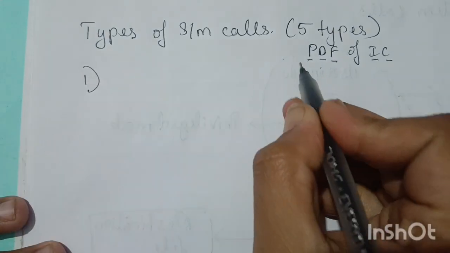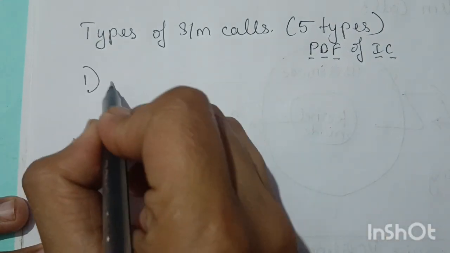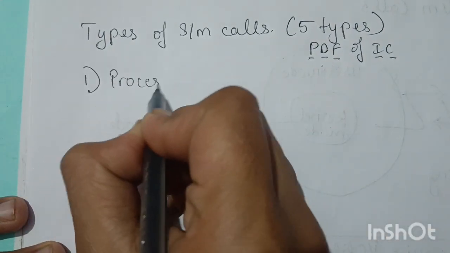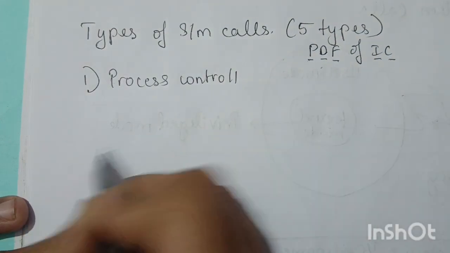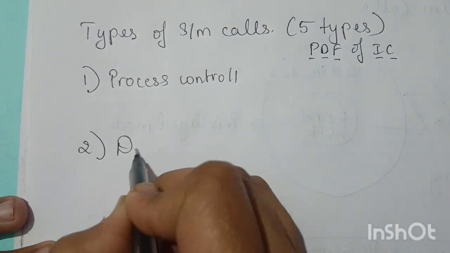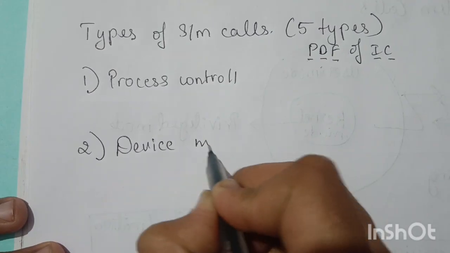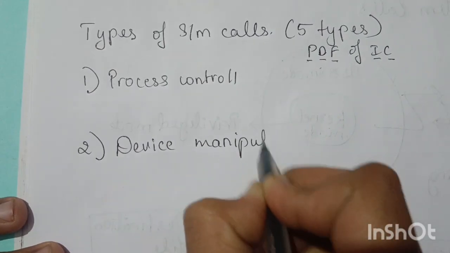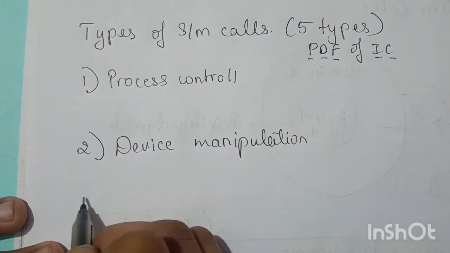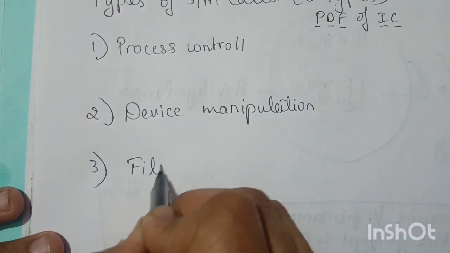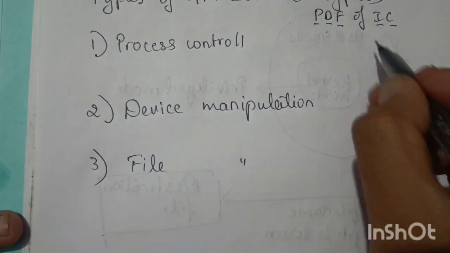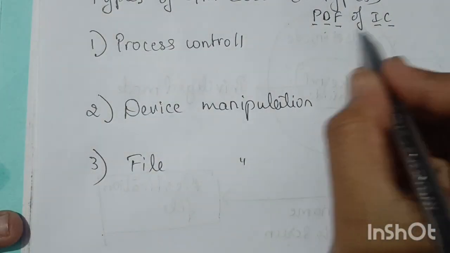First, P depicts process control. Then D is device manipulation. Then we have F, that is file manipulation. Then we have ICE, PDF of ICE.